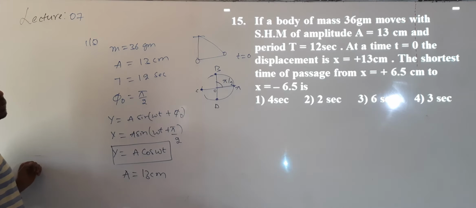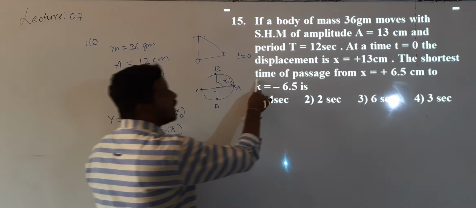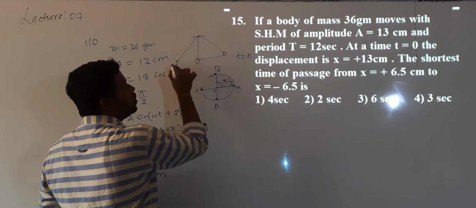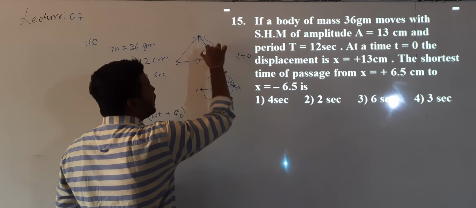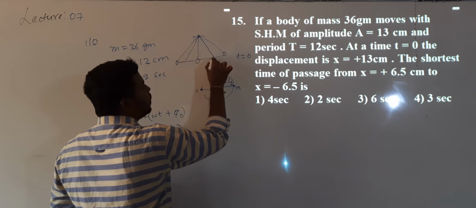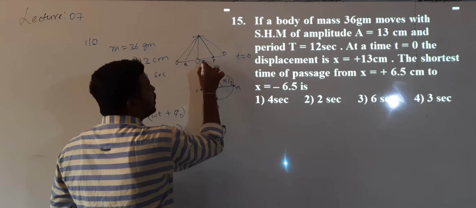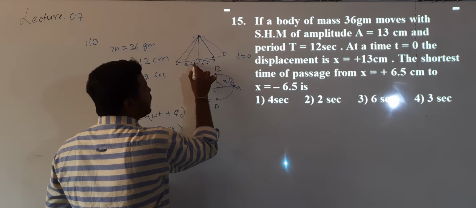Now they are asking the shortest time for the particle to pass from x equal to 6.5 to minus 6.5. What is 6.5? Here one midpoint was there. This midpoint I can call P, and this is Q. From the midpoint the distance is 6.5, and this is minus 6.5.